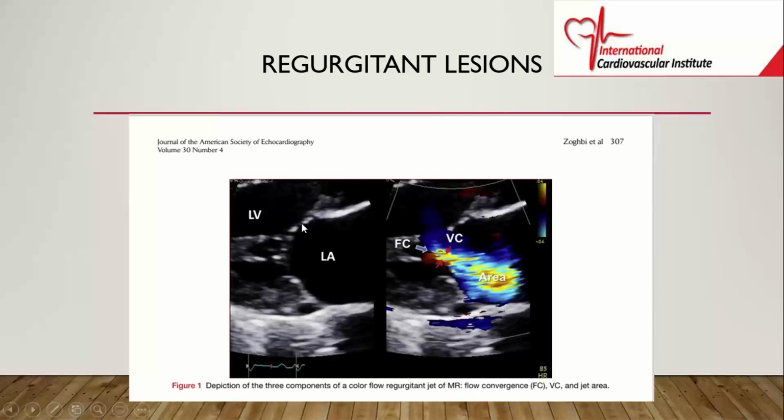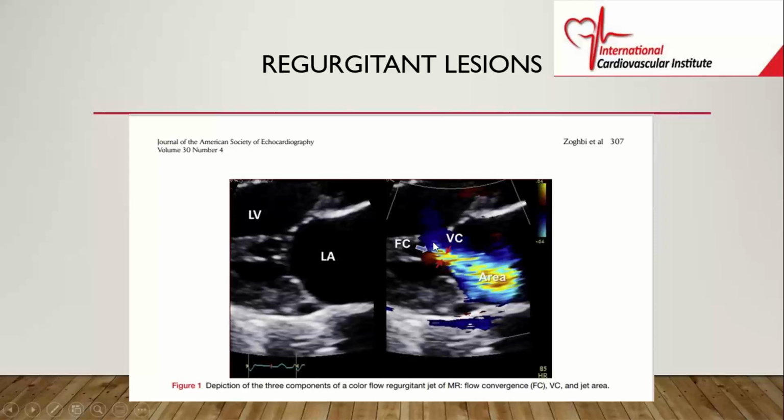So if we use mitral regurgitation as an example, the mitral valve right there, LV cavity and the left atrium. When you have regurgitation, this is the regurgitant jet, because blood is moving from the LV cavity across the mitral valve into the left atrium.